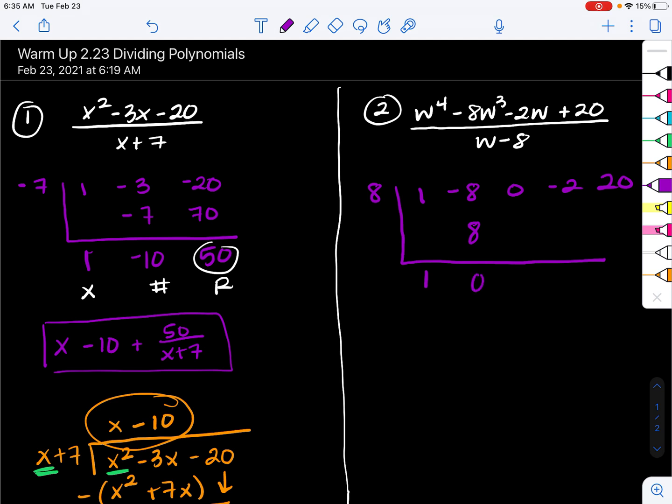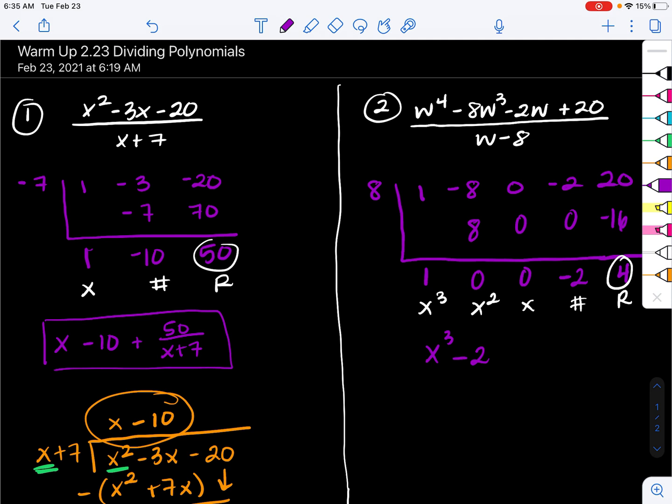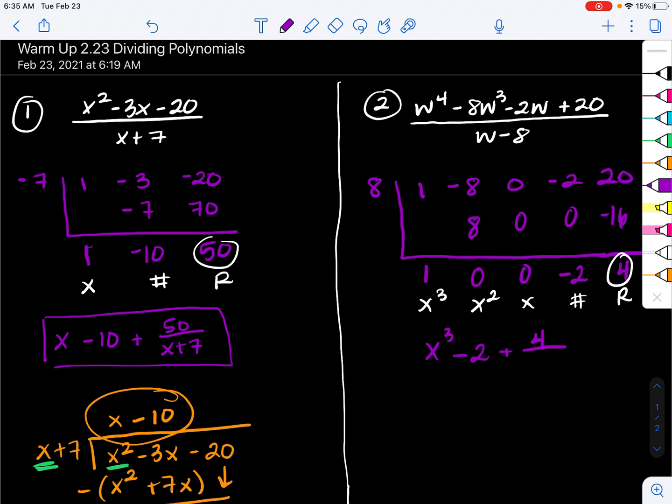Now add down the row. And we see our remainder is going to be 4. There's our number. This would be w cubed. So we have 1w cubed minus 2 plus our remainder over our divisor.